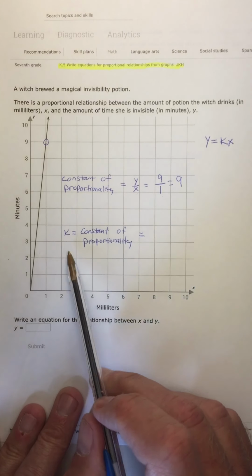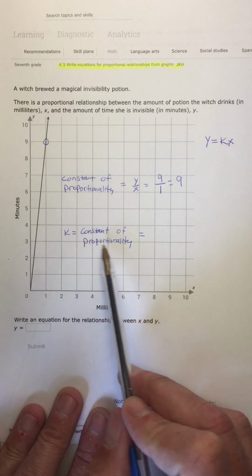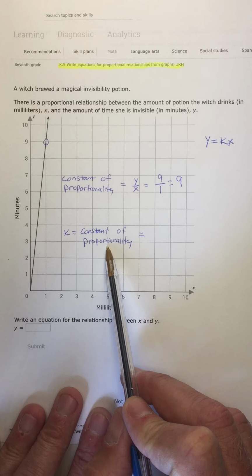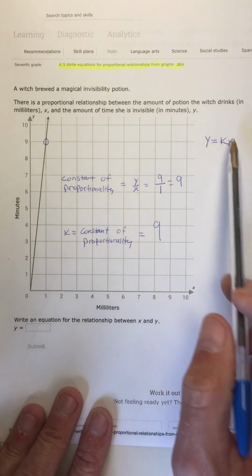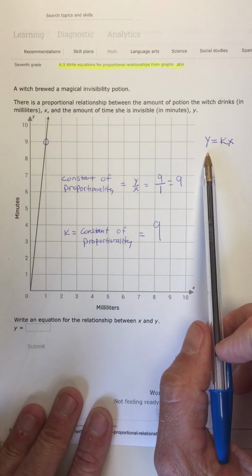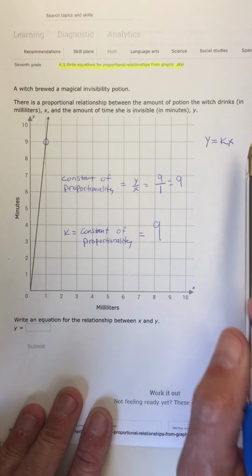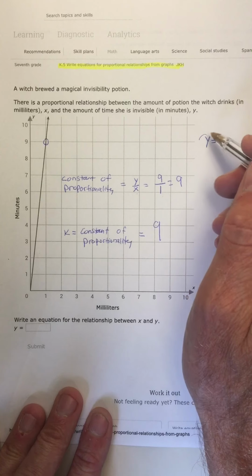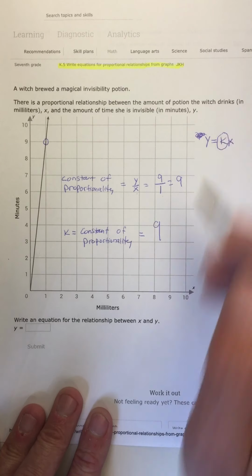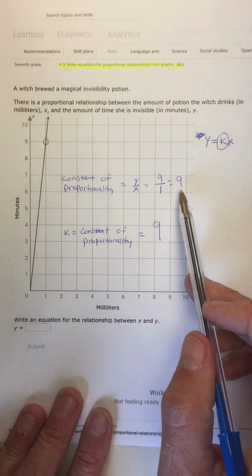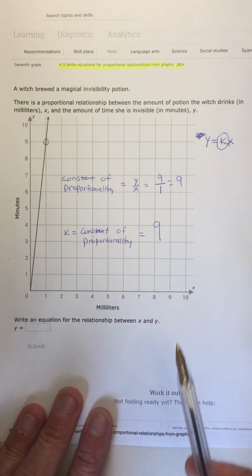Just a reminder, K is the same thing as constant of proportionality, and the constant of proportionality in this case is 9. Here's our little formula again. It's y equals kx. So we keep the y and the x. We will replace the k with our constant of proportionality that we found first.